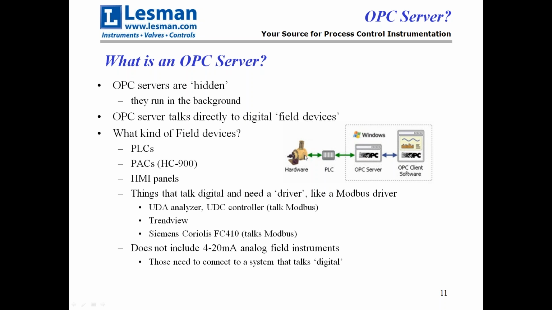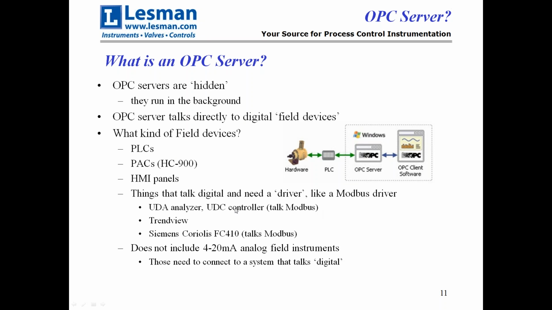That stuff gets into the PLC, it deals with it as numbers, then the OPC server comes, talks to it because it has a driver, and then the OPC server talks to the OPC client over here. So the digital field devices are PLCs, PACs, HMI panels, and then technically, OPC can talk to something like a UDC controller or UDA analyzer, although not a lot of people actually go down to that level.